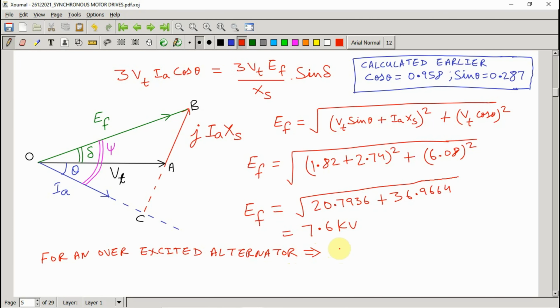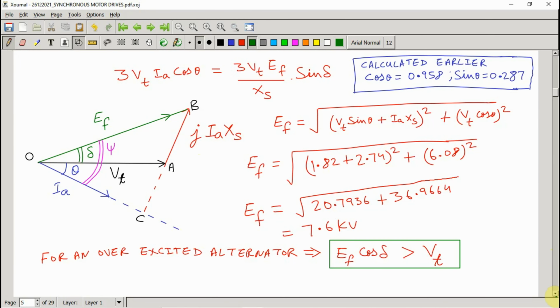For an overexcited alternator, we can write that EF cos delta will be greater than Vt. So once we know the value of delta, we can verify our assumption which we made in the beginning, that it is overexcited.